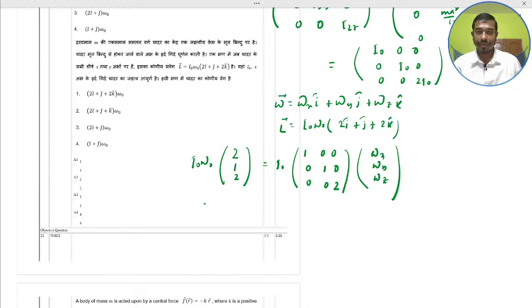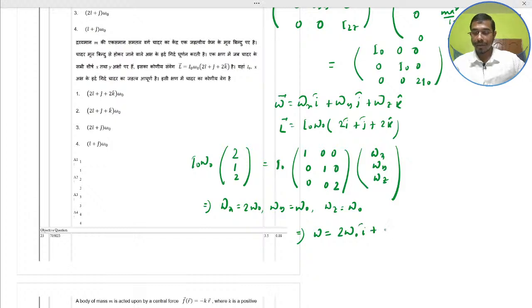Now omega x would be what? 2 omega naught, omega y, omega naught, and omega z, very important question, omega naught. So here the omega would be what? 2 omega naught i plus omega naught j plus omega naught k. Means option 2 is the correct.